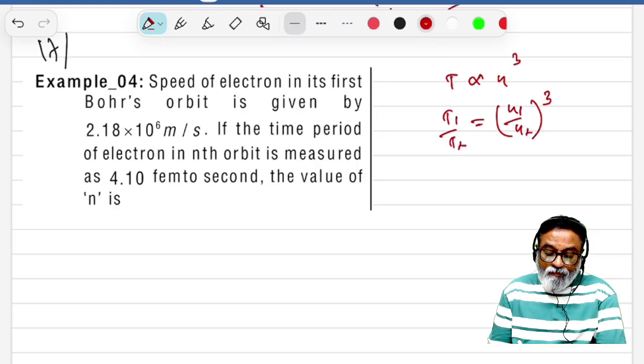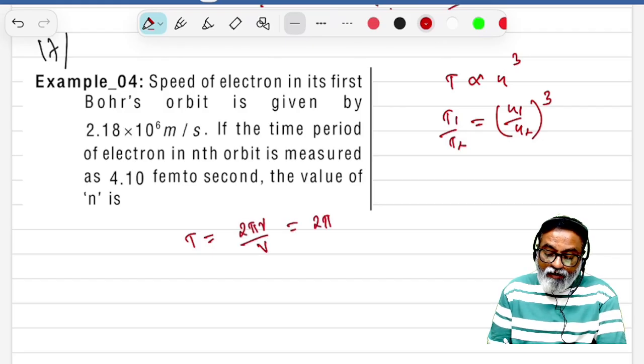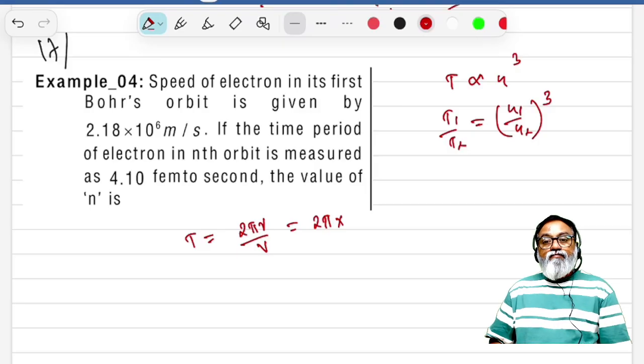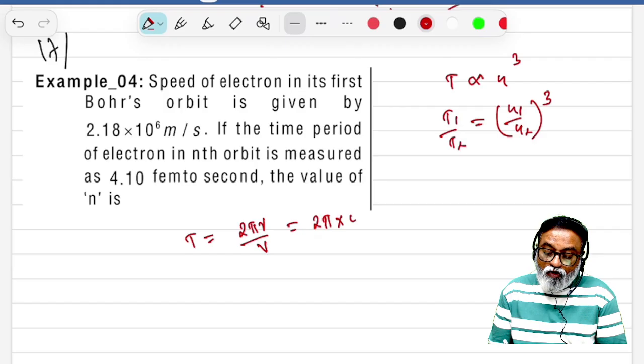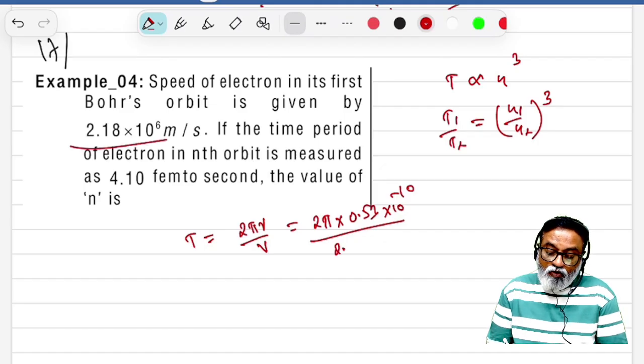Therefore, T is equal to 2 pi R by V. R is the radius of the first Bohr orbit, that is 0.53 angstroms, that is 10 to the power of minus 10. Velocity is given as 2.18 into 10 to the power of 6.